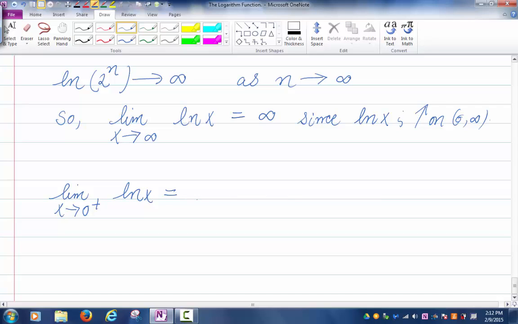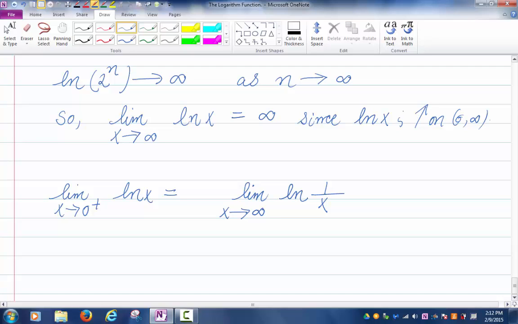And here I'm going to do the following trick. Instead of looking at ln of x, I am going to look at ln of 1 over x, and then I'm going to take x goes to infinity. Let's see if you agree that they are the same limits. Notice that as x goes to infinity, 1 over x is going to 0.